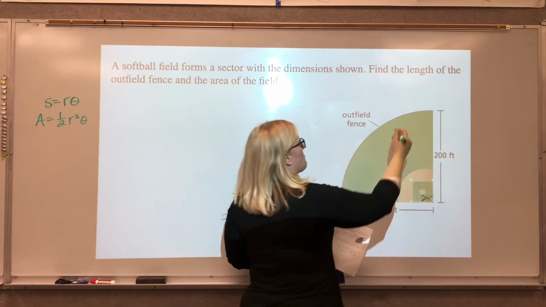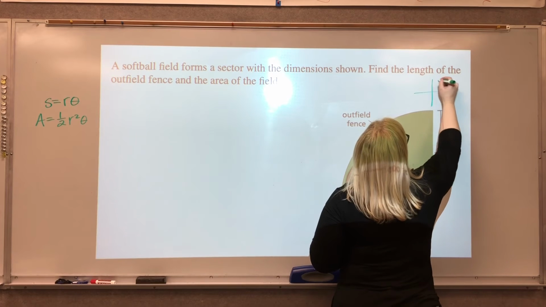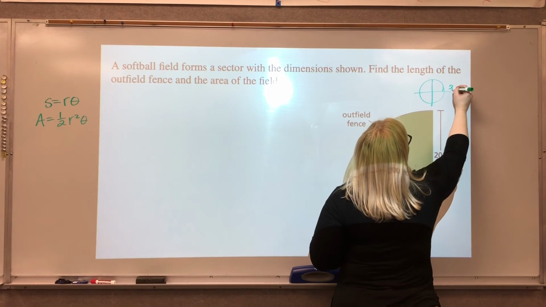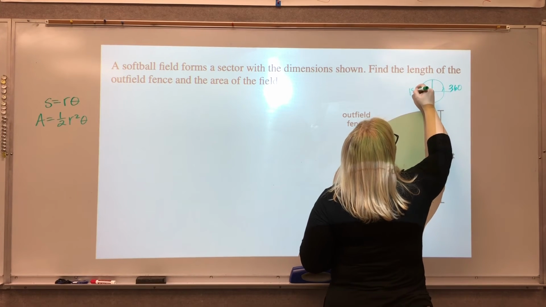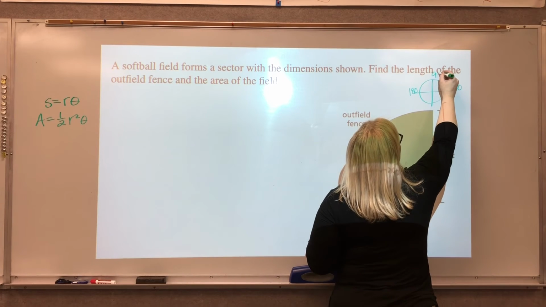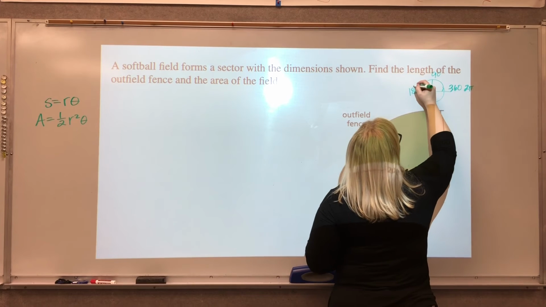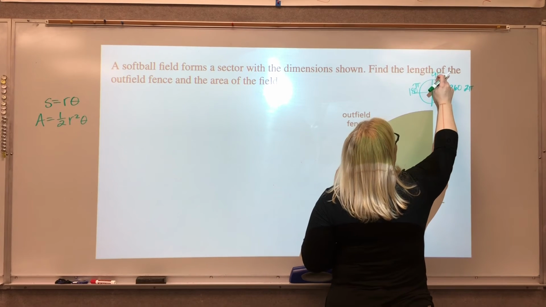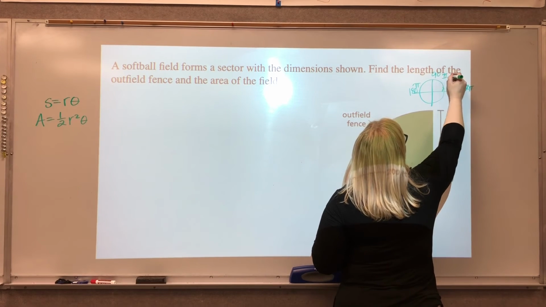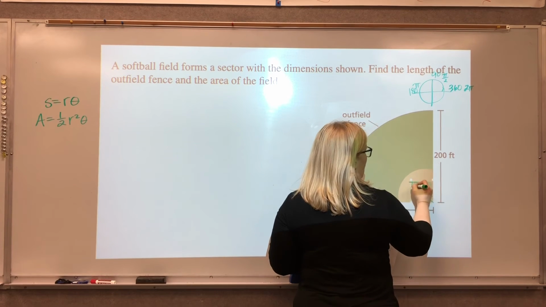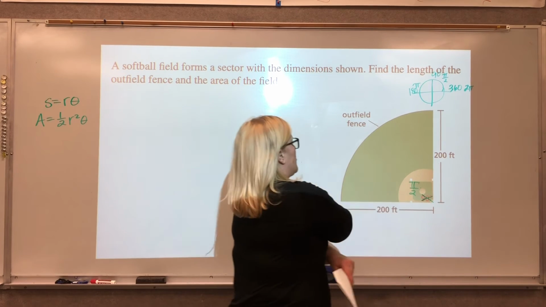If the whole circle is 360, then this is 180, which means 90 is up here. If this is 2 pi, then this is half of that, which is pi, and 90 is half of that, which is pi over 2.